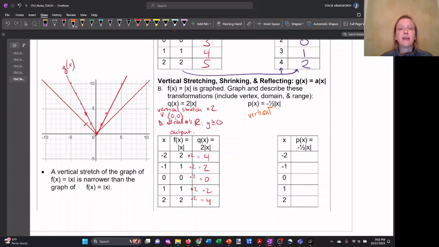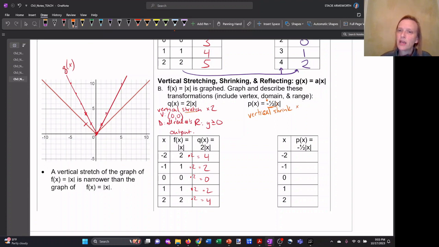But this time, instead of being a stretch, it's going to be a shrink. It's going to be a shrink because the multiplication factor is less than 1. Not only is this going to be a vertical shrink, but because the multiplication factor has a negative sign on it, there's also going to be a flip across the x-axis. There's going to be a reflection across the x-axis.